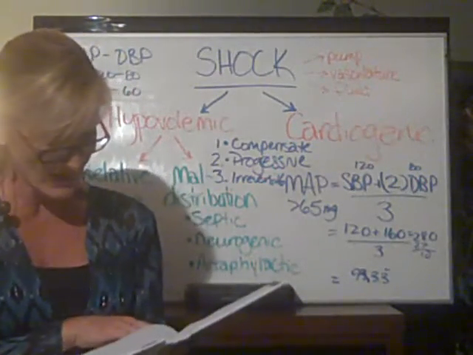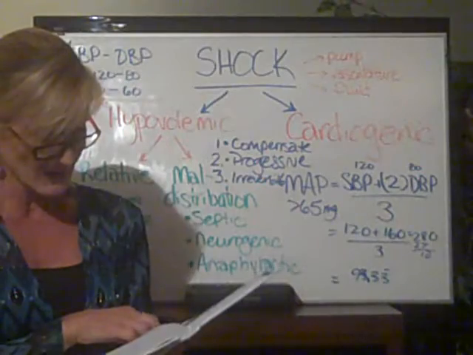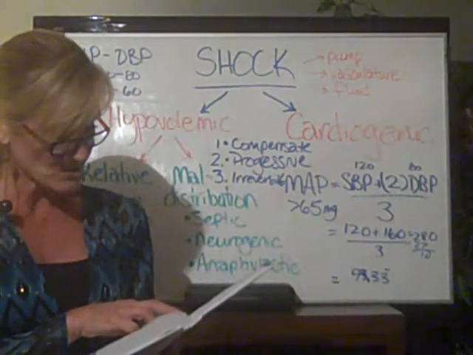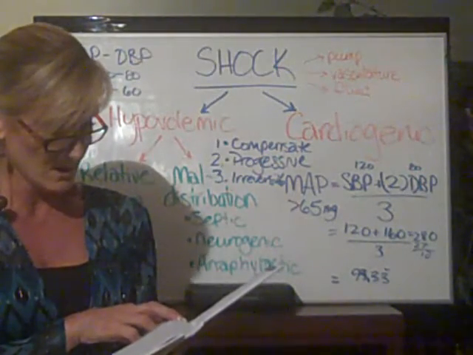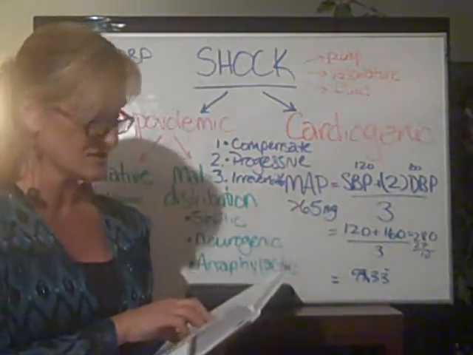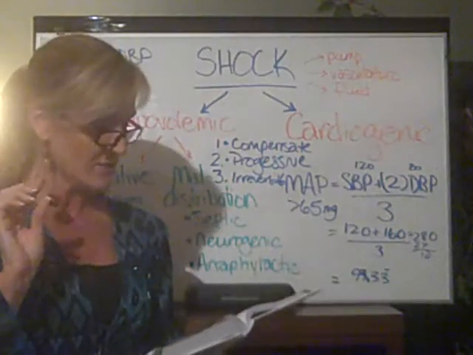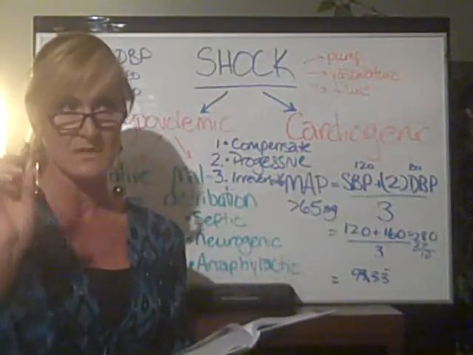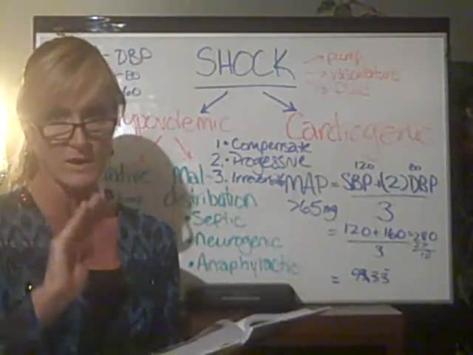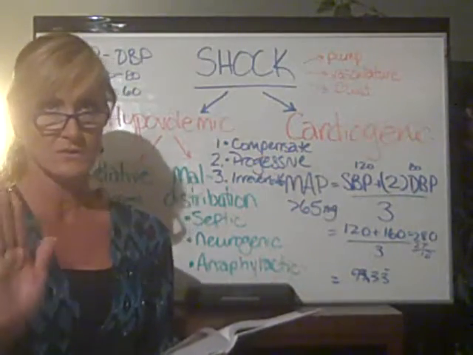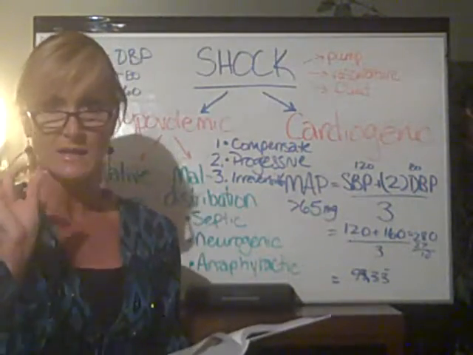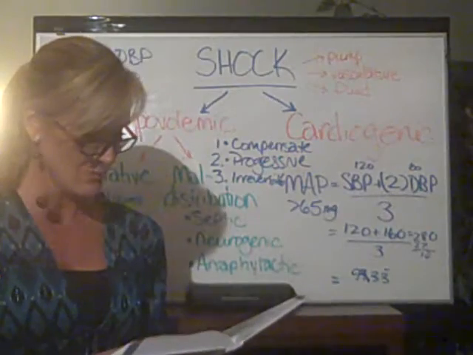So I wanted to point out up here at the top of page 294, I do want you to know these vasoactive medications. You've got alpha adrenergic receptors, and then you have beta receptors, and the beta receptors are a beta 1 and a beta 2. Hopefully you're learning about that in pharmacy. If not, let me know in class and I'll explain it to you a little bit more.